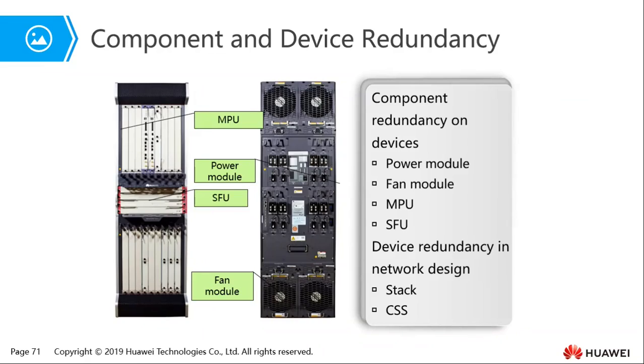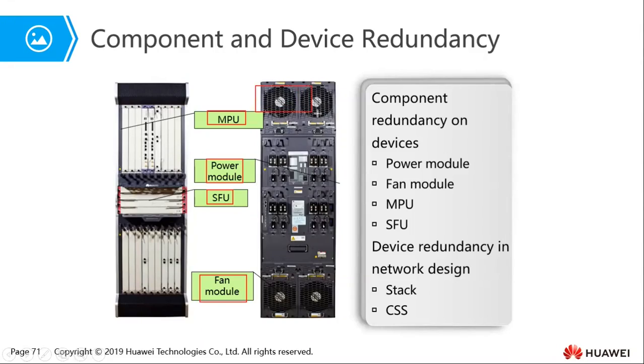So this is the first one that we're looking at, component and device redundancy. Some of the components that have redundancy in modular switches and routers include the power module, the SFU, the fan module.